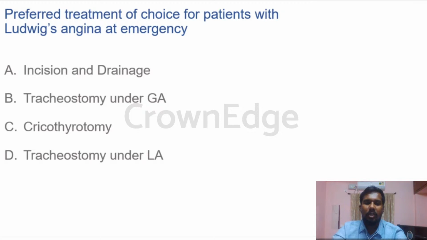If we rupture a collection or poke into it while doing the tracheostomy, the entire pus can get aspirated and the patient will die because of aspiration. That is one complication of doing a tracheostomy in Ludwig's angina.